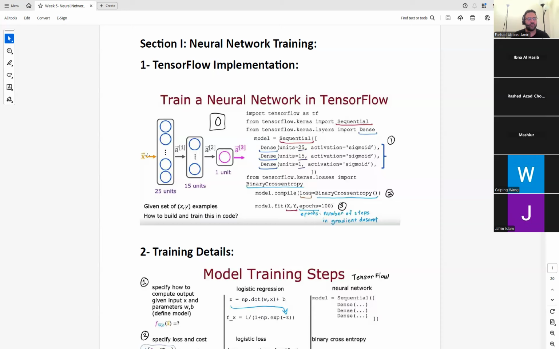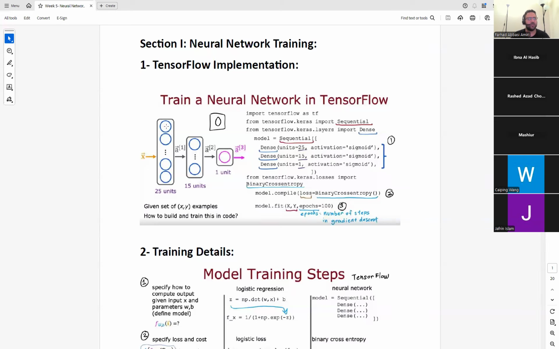We usually don't consider the first layer, the input layer, and then we start from the hidden layers up to the output layer. So Sequential means stringing 3 layers together.